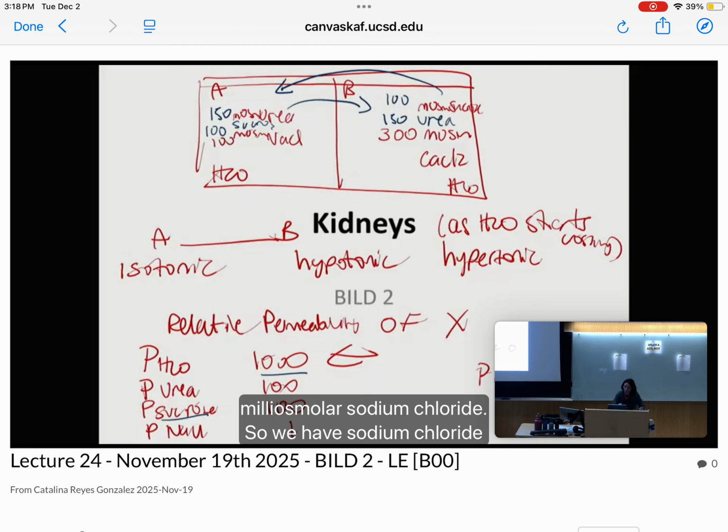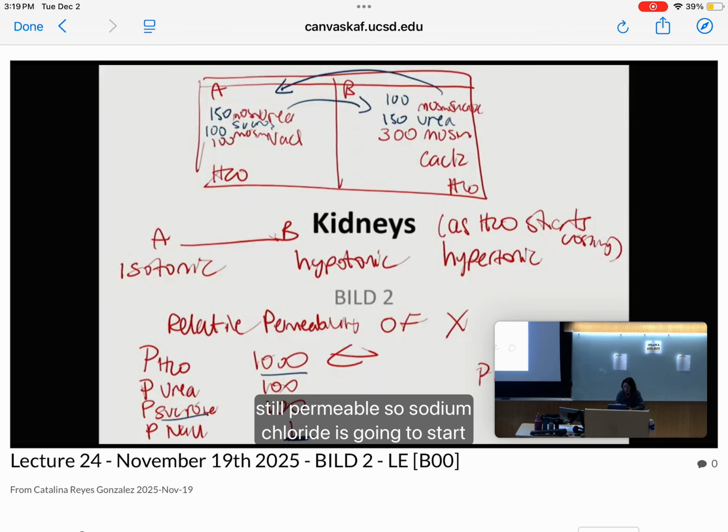Now 100 milliosmolar sodium chloride. So we have sodium chloride in A, we don't have sodium chloride in B. So that means that we have a driving force. And the membrane is permeable. It's not 0, it's 1. Permeability is low, but it's a relative number, right? So it's 1,000 times less permeable to sodium chloride than it is to water, but it's still permeable.